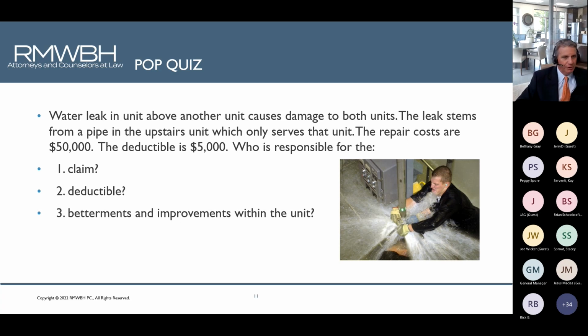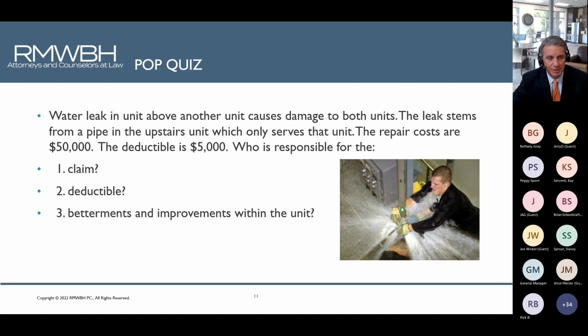If it was a situation where there was only $3,000, what did we learn? The unit owner would be responsible because the costs do not exceed the deductible. Here we don't have that situation. The deductible is $5,000, repair costs are $50,000. So who's going to be responsible for the deductible? Well, you have to go back and look at the dedicatory instruments.